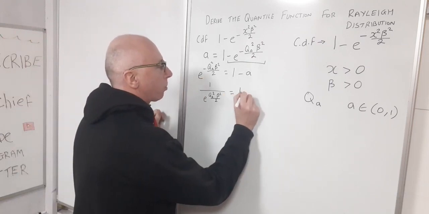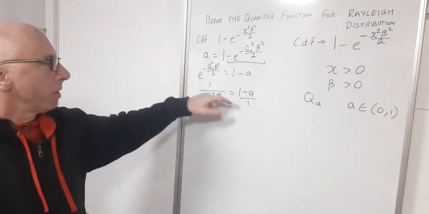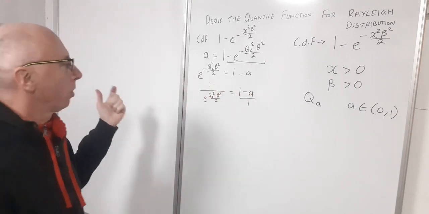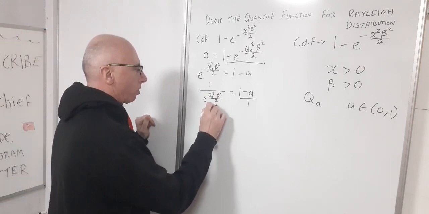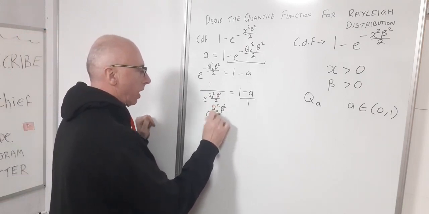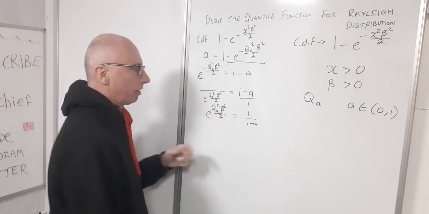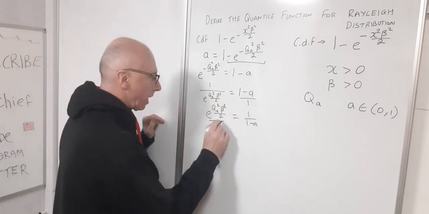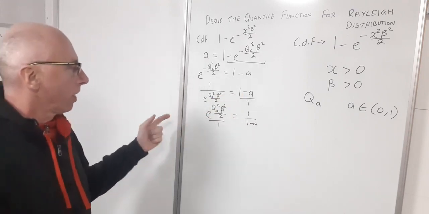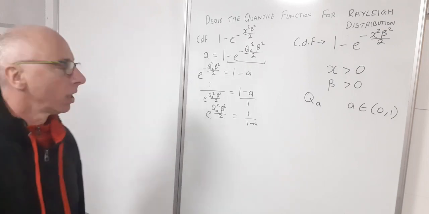And then this, I will just write as 1 minus A over 1. And then when I flip them, all I have to do is just turn them all upside down. So then I will have e to my Q of A squared beta squared over 2. And this would just be 1 over 1 minus A. That's quite a simple reciprocal. And this one, I could put as divided by 1, but I can just leave that as it is. It's still the same value.